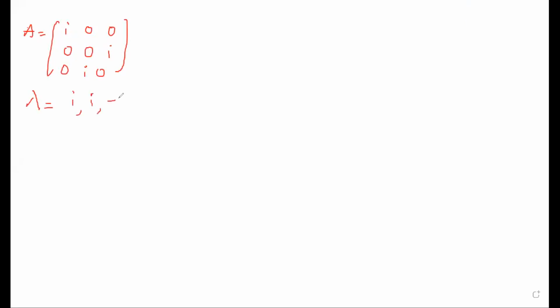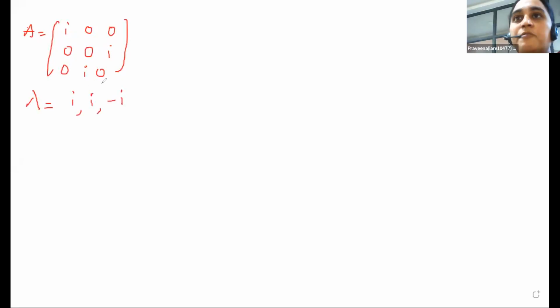I, minus I, right? For the first repeated value, already we did that. For the second eigenvalue is case 2. If anyone finished the second method, that means second case, if lambda is equal to minus I, then find the corresponding eigenvector.